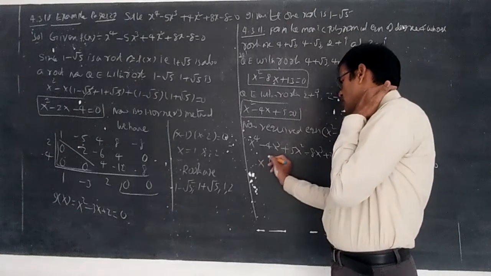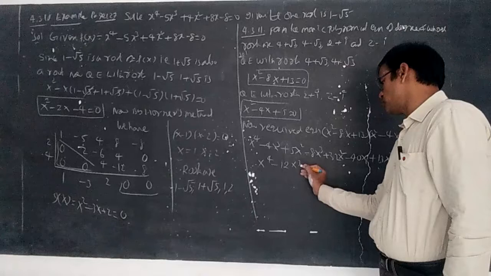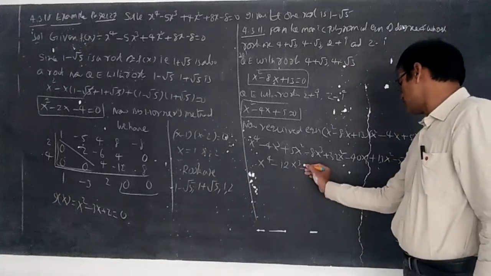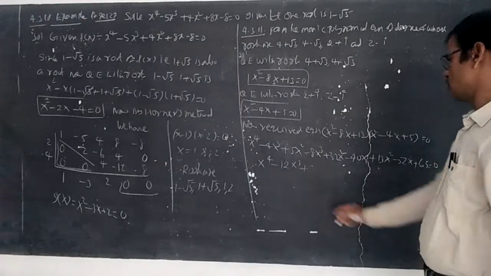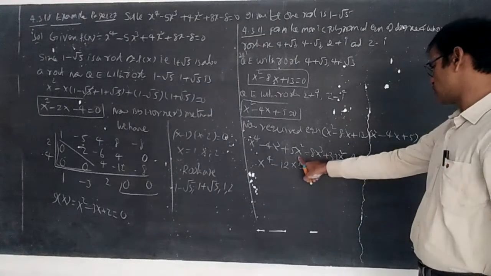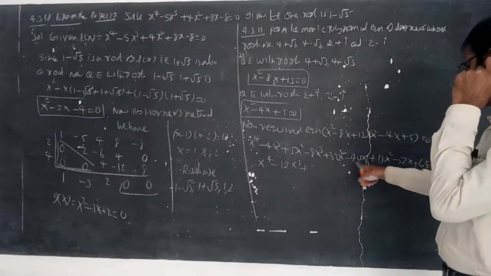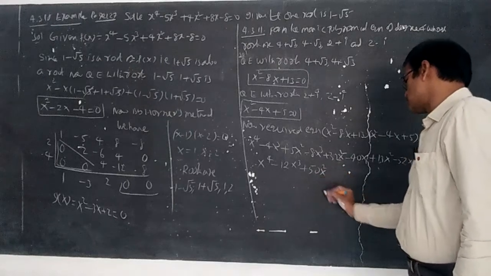Write in order: x power 4 minus 12x cube. Next x square: 5 plus 32 plus 13 is 50x square.